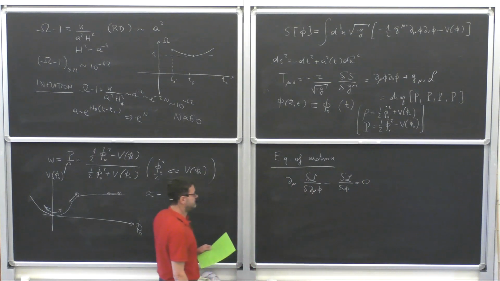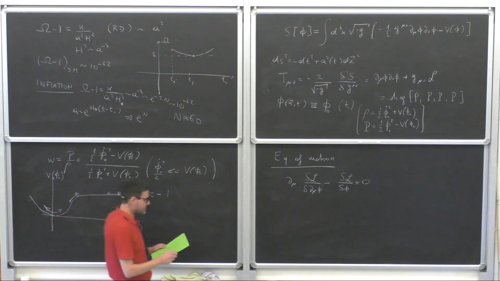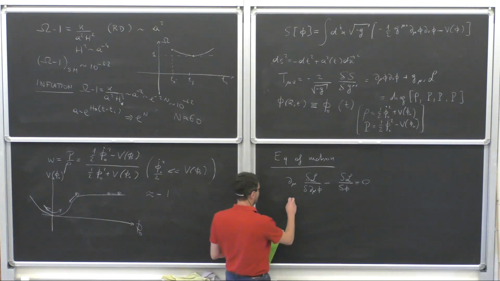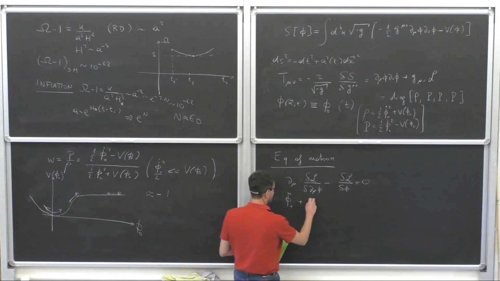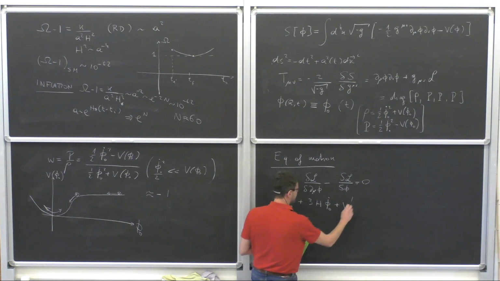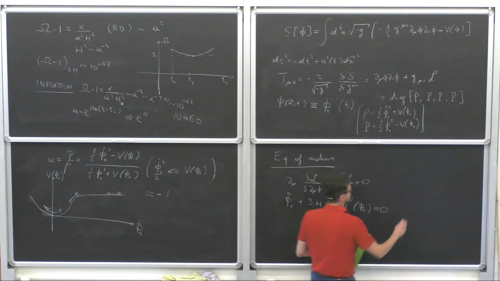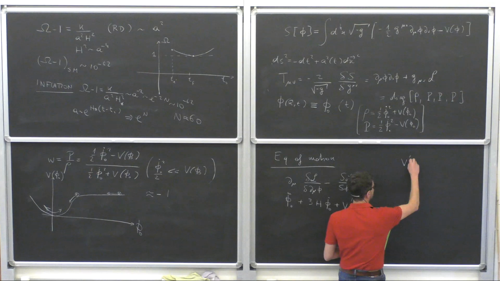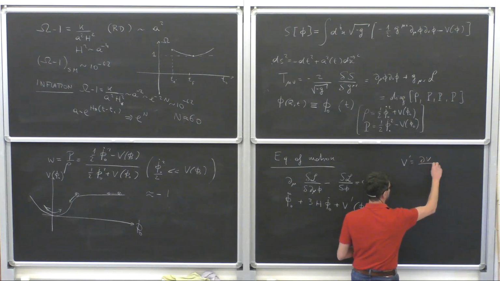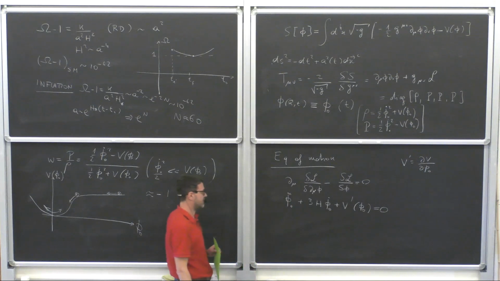If you do this, knowing that the Lagrangian is the one that I wrote before, for the homogeneous part, you get an equation, remembering that phi 0 is only a function of time: phi double dot 0 plus 3H phi dot 0 plus V prime of phi 0 equals 0, where for me now V prime means the derivative of V with respect to phi 0. Okay, and the dot is the derivative with respect to time.